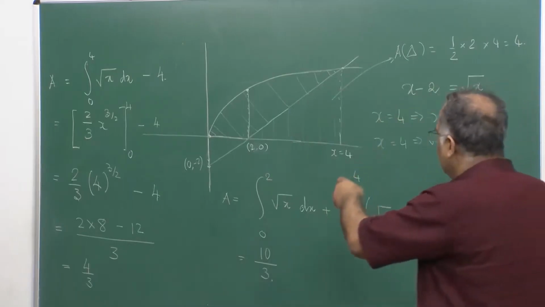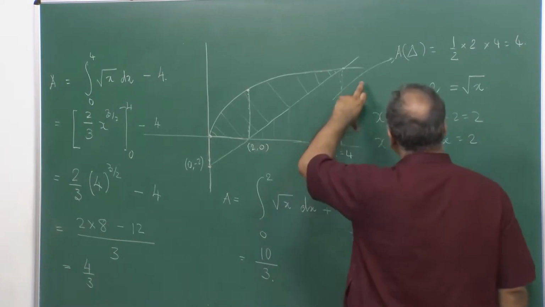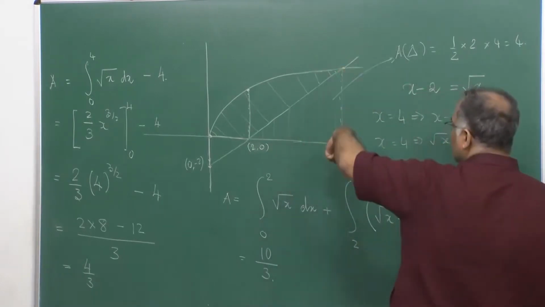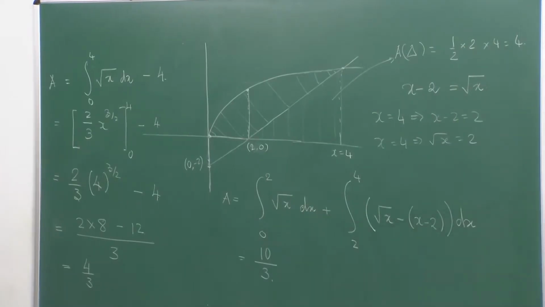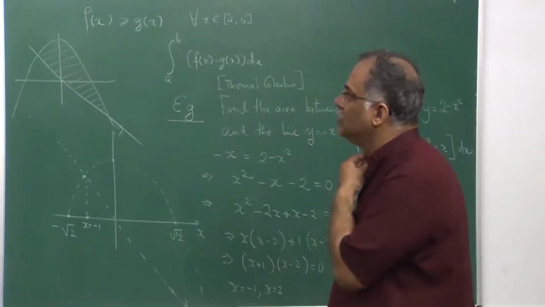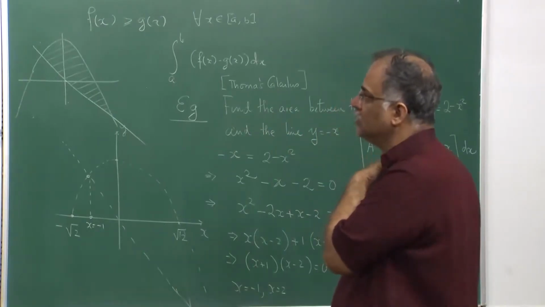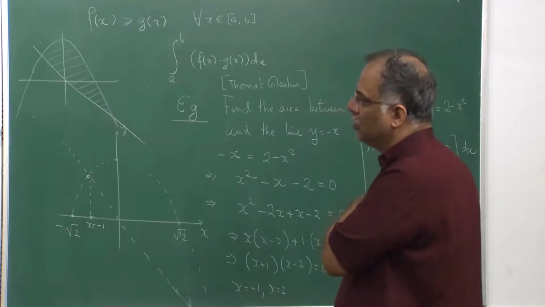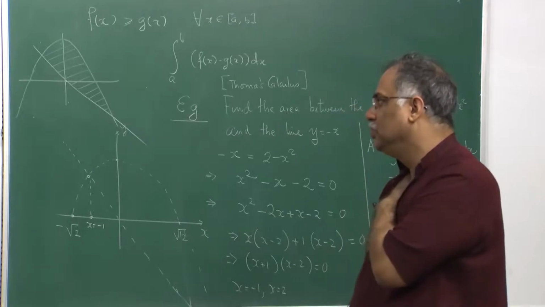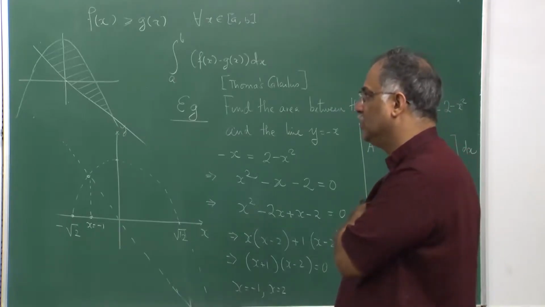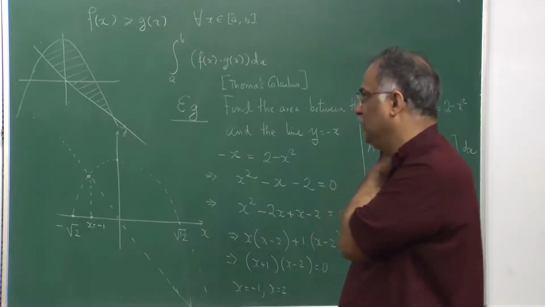So this triangle has base 2 and the other part 4, 4 into 2 is 8, half of it is 4. Subtracting that from the integral of root x from 0 to 4: 2/3 into 4 to the power 3/2, which is 2 cubed, 8, so 16 by 3 minus 12 by 3 is 4/3.